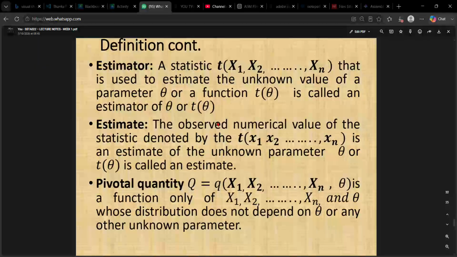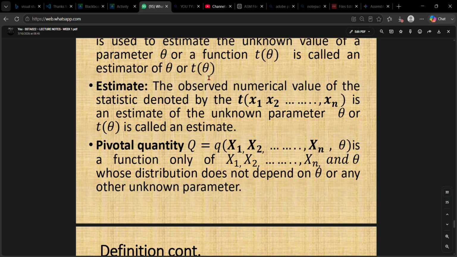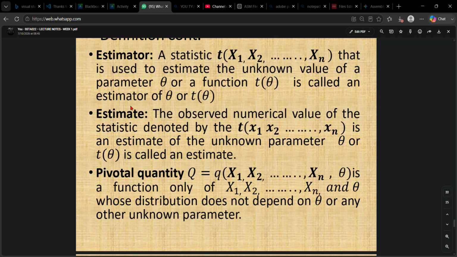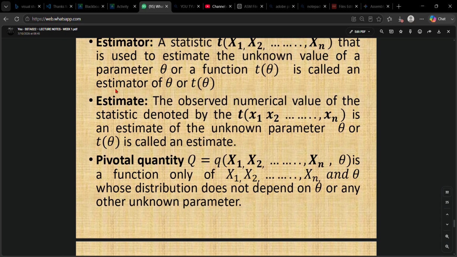Then we must know the difference between an estimator and a pivot quantity. An estimator is a statistic that is used to estimate the unknown parameter theta, or a function of it. T(X) is called an estimator of theta. Later on, you'll be calculating the expected estimate.